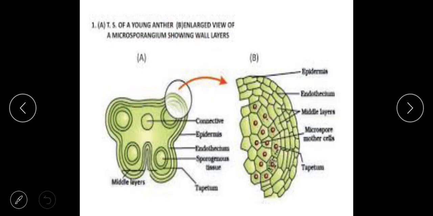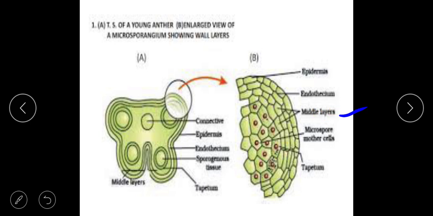Let us now see the detailed view of one microsporangium. Each microsporangium consists of the outermost wall, known as the epidermis. Inner to it is the endothecium. Then there are three middle layers.